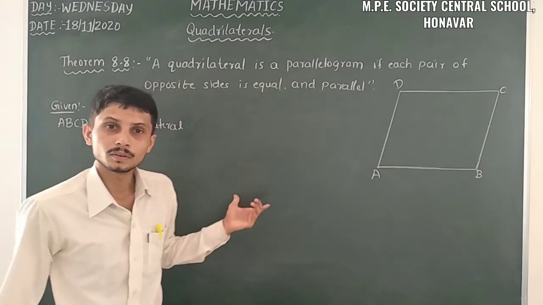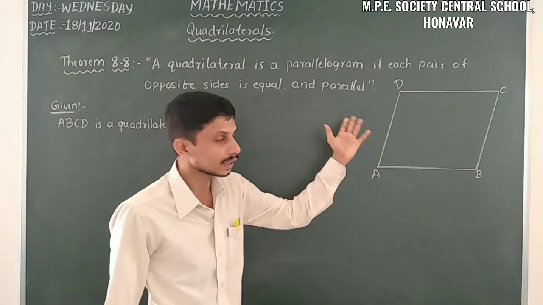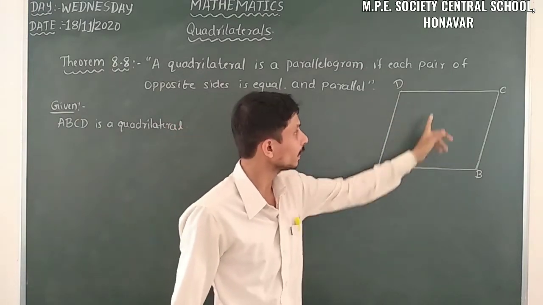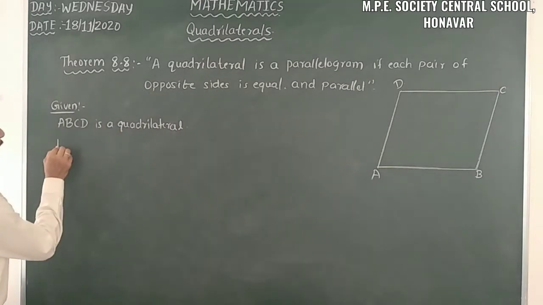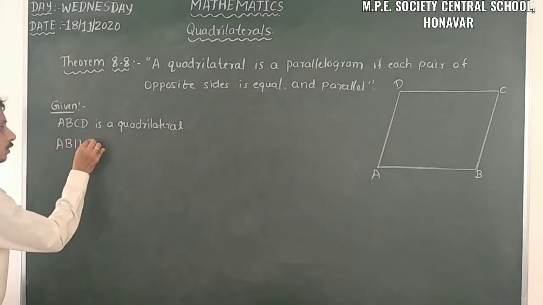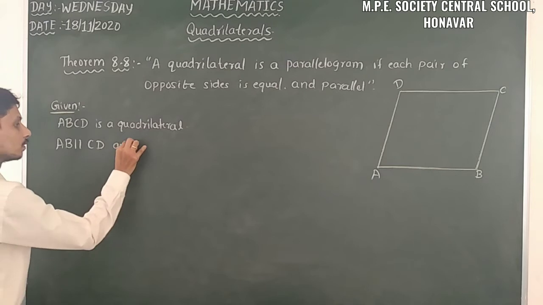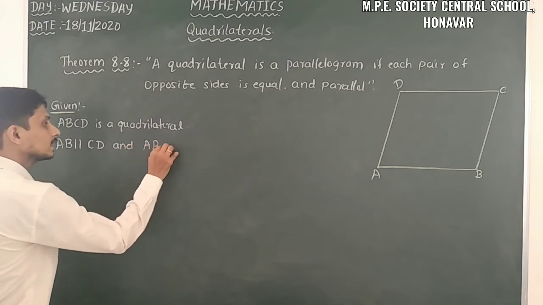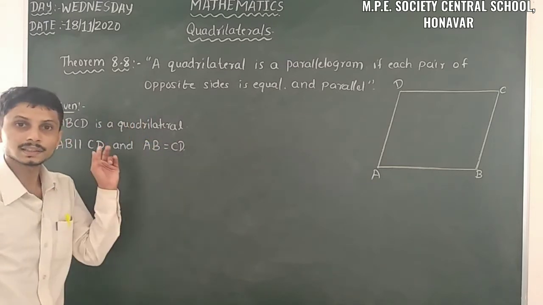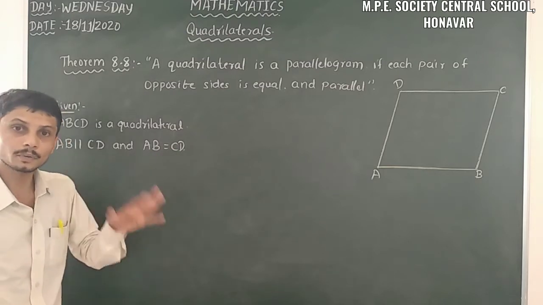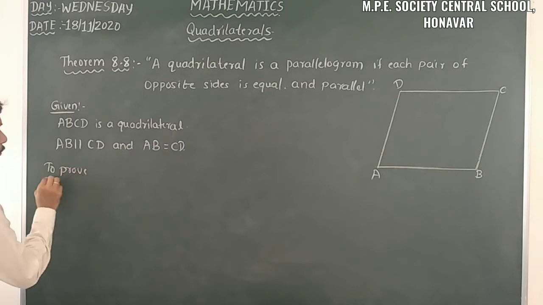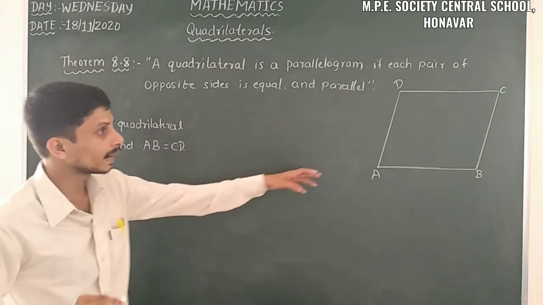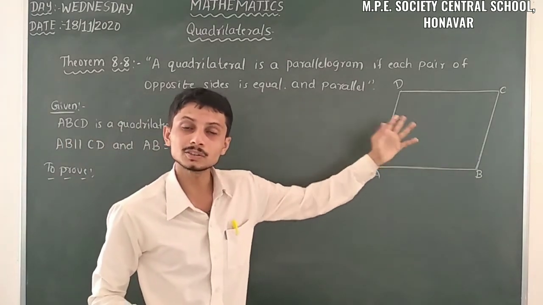In which pair can we take? Here we can take any pair. I will take AB and CD as equal and parallel. That is, AB is parallel to CD and AB is equal to CD. This is equal and parallel. Then what we have to prove here? We have to prove AD and BC are also equal and parallel.